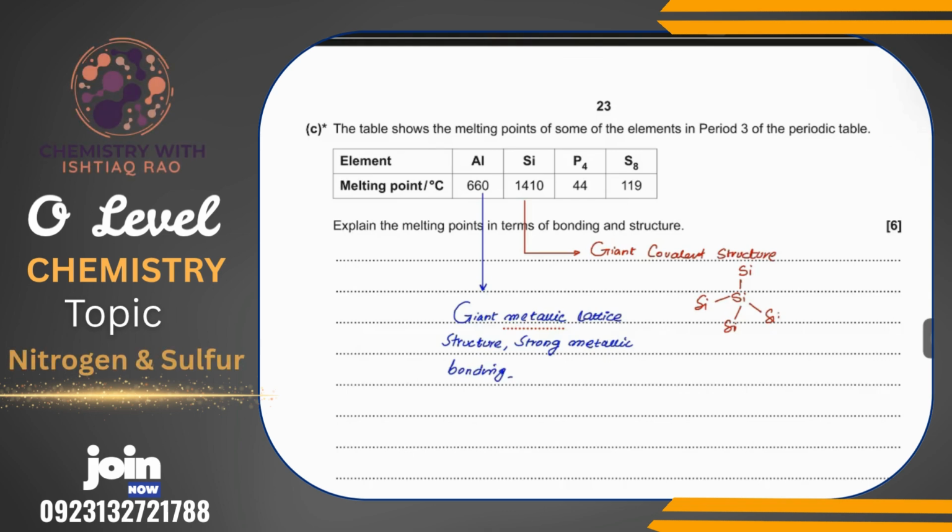Then P4 is a simple covalent, simple molecular, or I can say simple covalent structure. Okay. And it has less number of electrons.